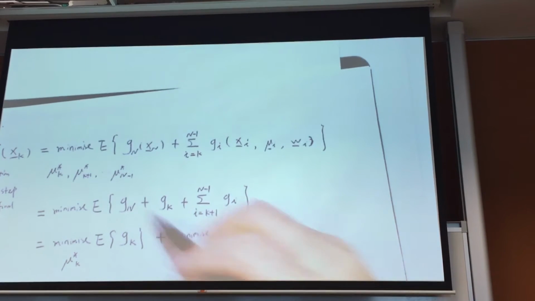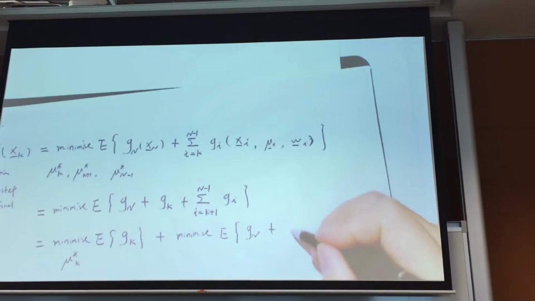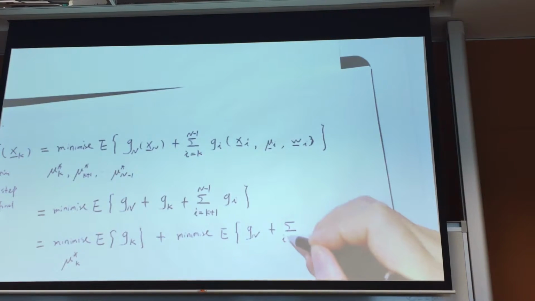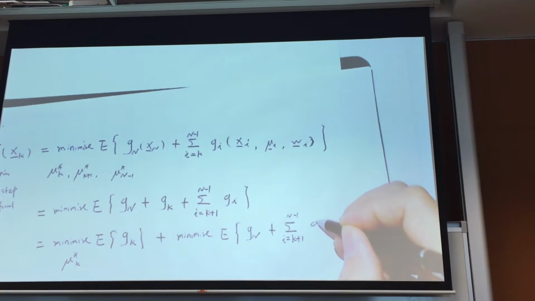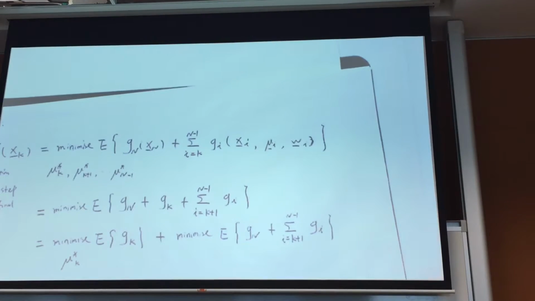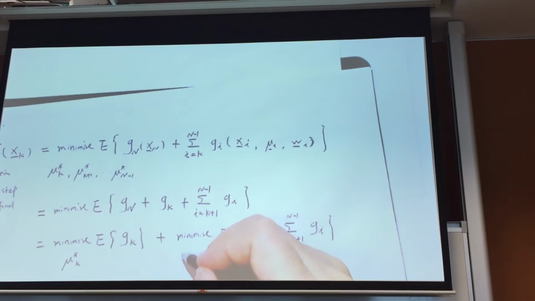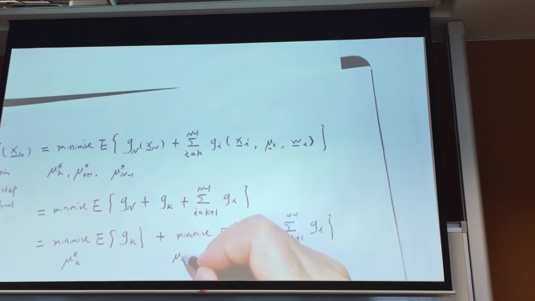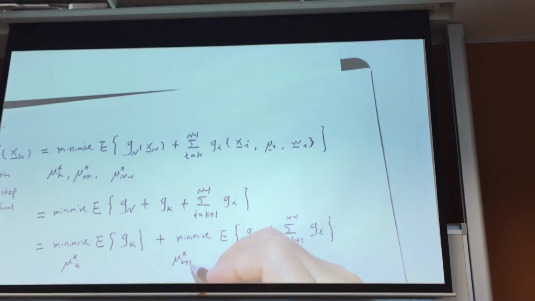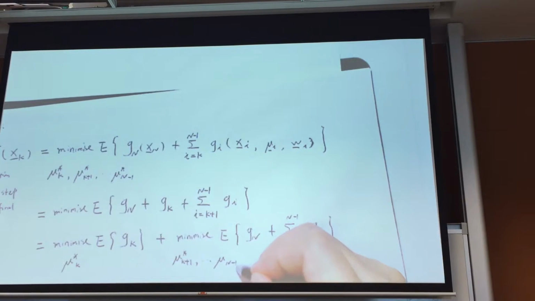So the remaining part will be this J_N, the final state, and plus the summation from k plus 1 up to N minus 1. So this one will be optimized with all the optimal control policies from k plus 1 up to N minus 1.